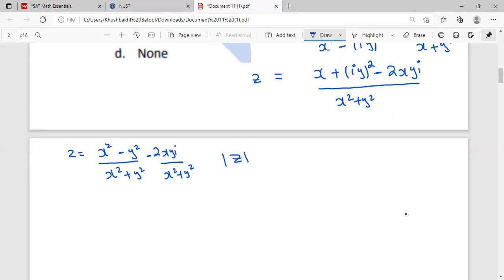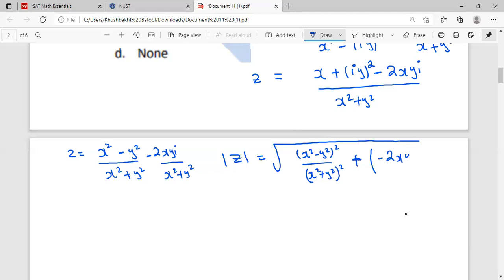Z mod is the square of the real part, which is x square minus y square divided by x square plus y square. This is the real part. I need to square the real part, so I'll get this, plus I need to square the imaginary part as well. So my imaginary part is minus 2xy divided by x square plus y square whole square.